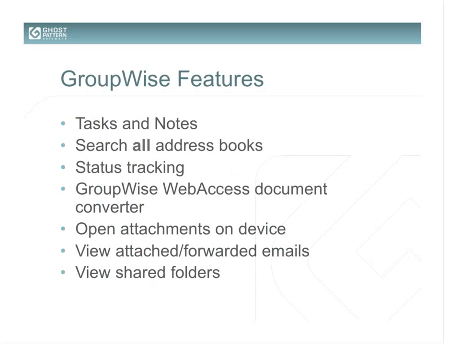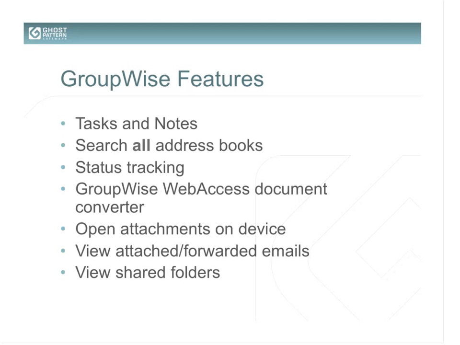You don't have to pre-select address books to sync over to your device. You're going to be able to search all those address books without having to have them synced over. You can access status tracking. You can access better interaction with attachments. When you have a forwarded email, it's going to look normal, and you're going to be able to open it.